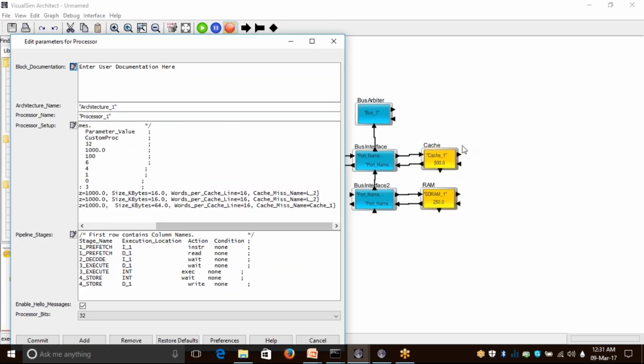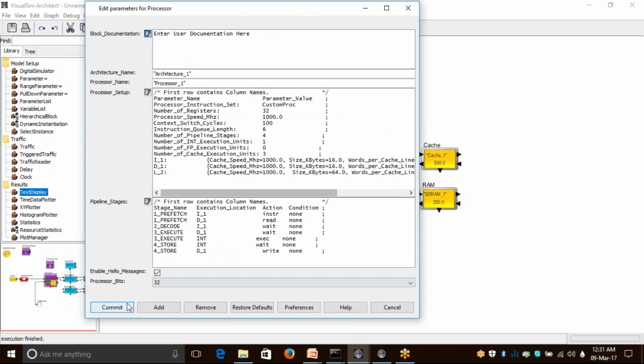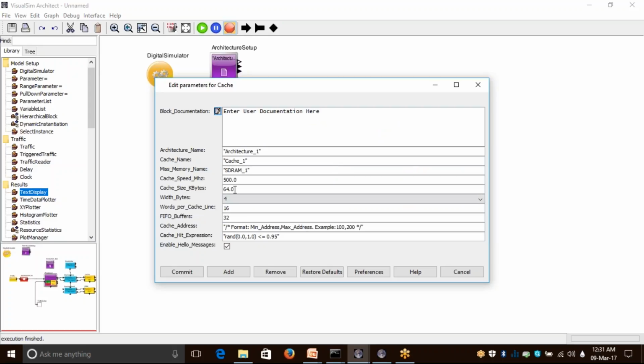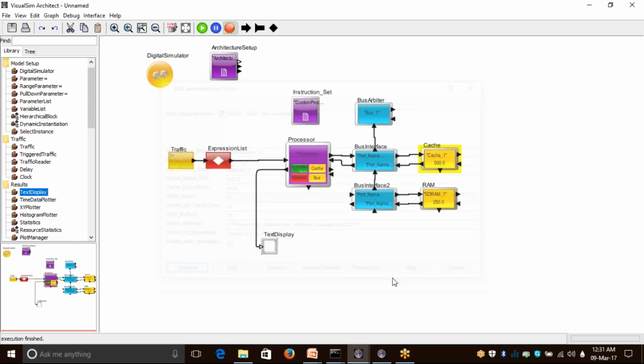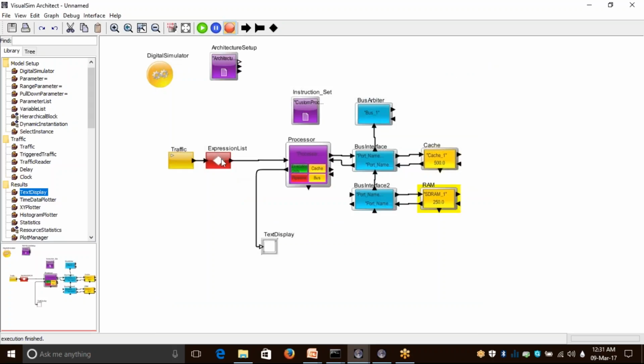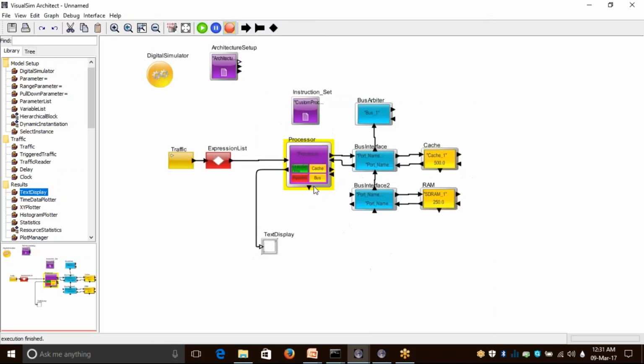It tells me cache 1. Okay, this looks good. I'm going to go again here and see if this looks good. Memory type as well, and I'm going to double check the processor name.